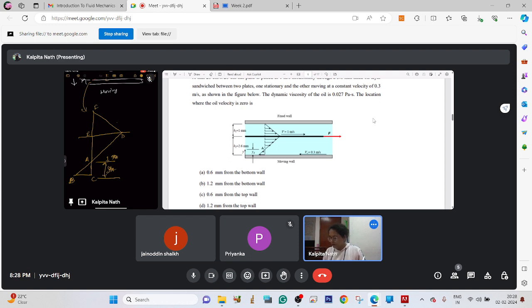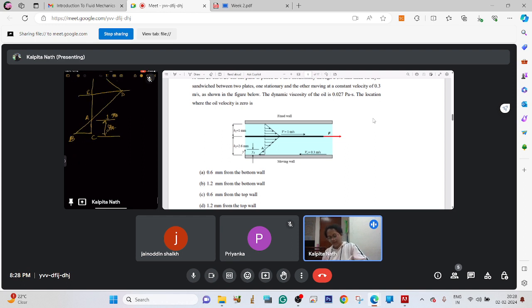Now this triangle and this triangle are similar triangles. Why?